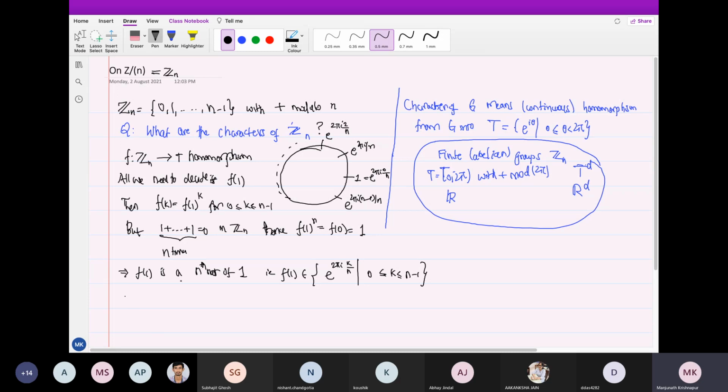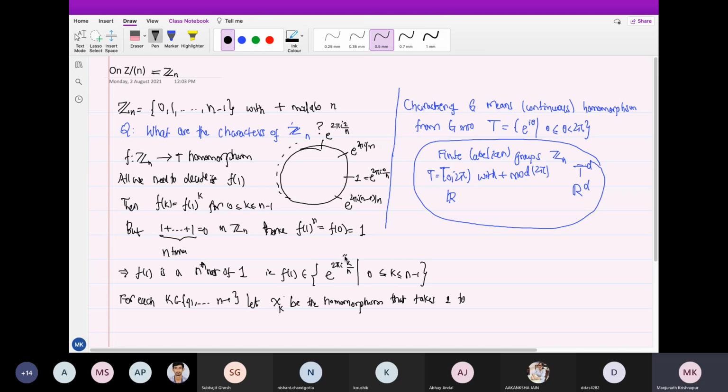So for each k, let chi k be the homomorphism that takes 1 to this one.